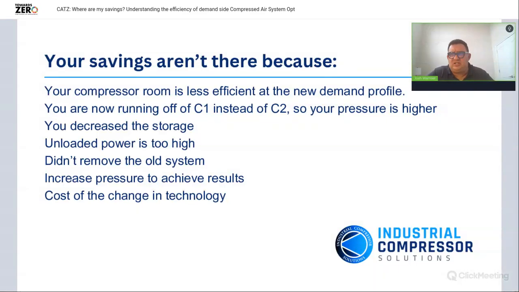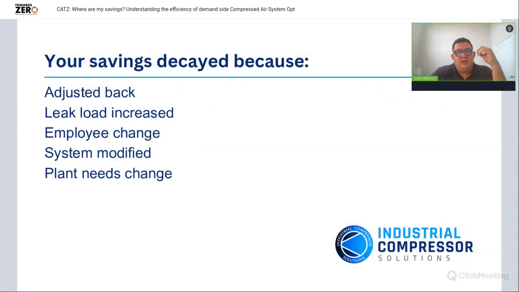Anytime we change technologies, for example, maybe we take an air amplifier. Yes, we can provide X amount of CFM to a process, but at the same time, we have a separate source of compressed air that does the work in that amplifier. So that has to be accounted for in the efficiencies of the savings.